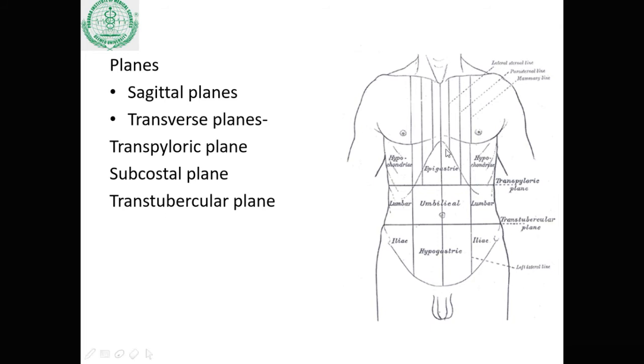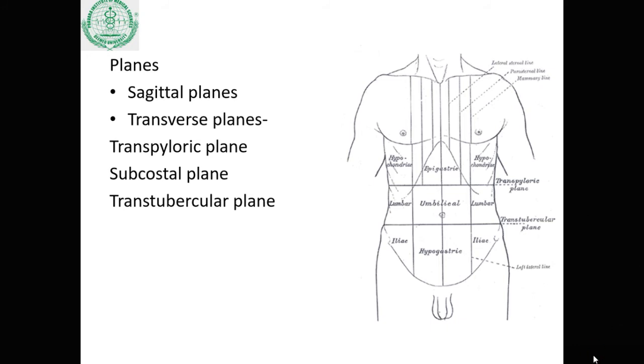It is approximately lying midway between the episternum and the umbilicus, and it crosses the tip of the ninth costal cartilage, and it is lying at the lower border of L1. Now at this level, the pylorus of the stomach, the inferior margin of the liver, and the neck of the gallbladder are lying.